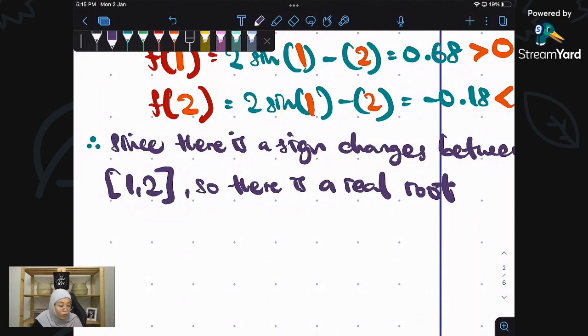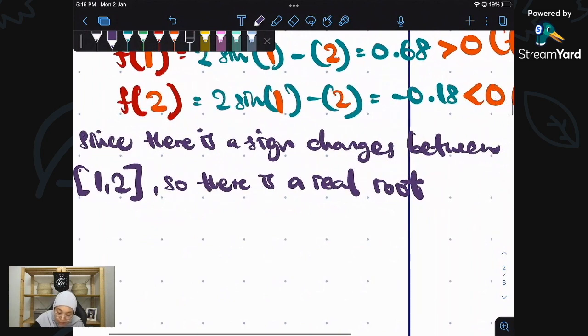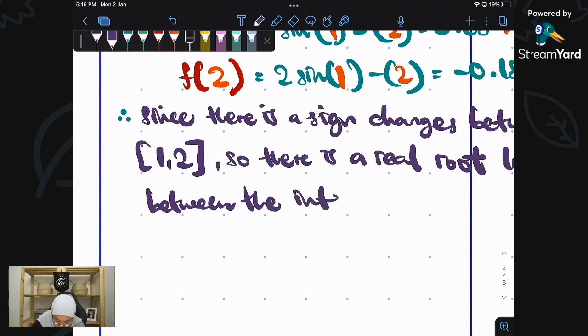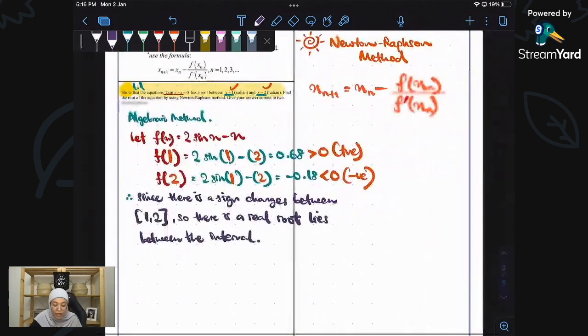Therefore, we have proved that a real root lies between the interval. Here you get 2 marks.